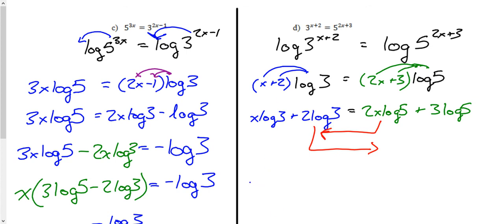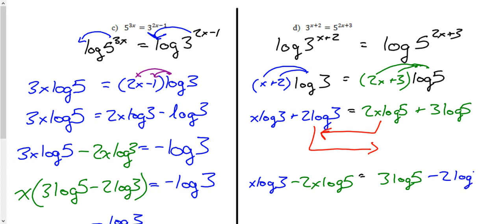So what does that end up looking like? So here we have x log 3, and if I move this 2x log 5 to the left, now it's going to become minus 2x log 5. And I had that equal sign right there. And if I move this positive 2 log 3 from the left to the right, right now on the right side I already had my 3 log 5, and this is going to tack on the minus 2 log 3.